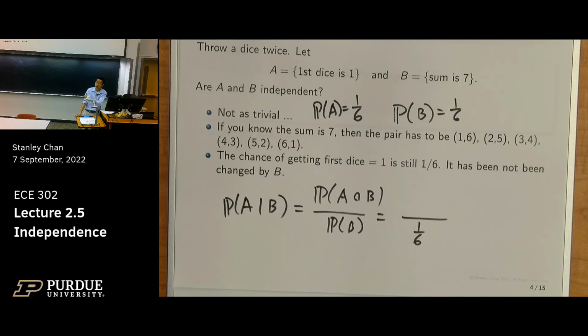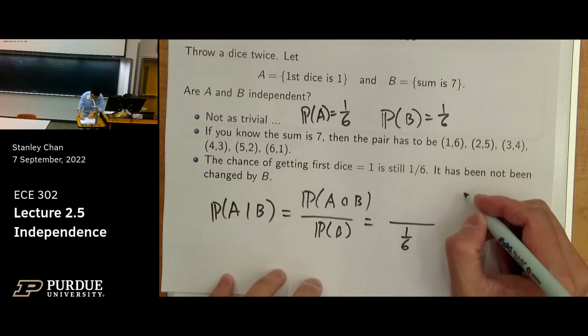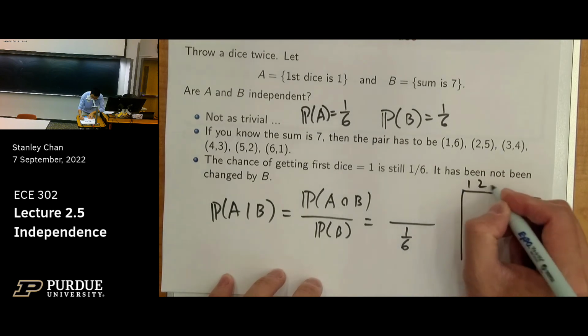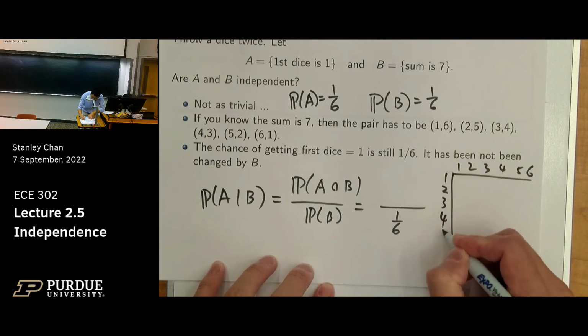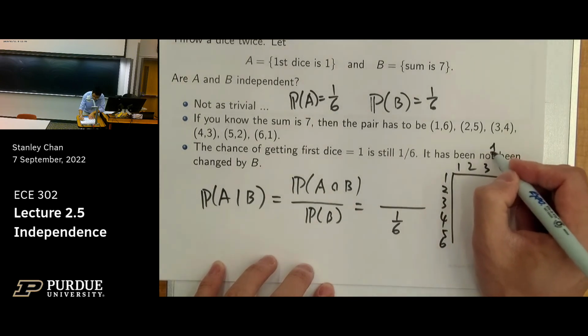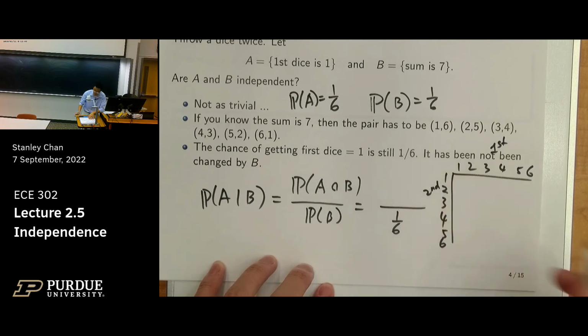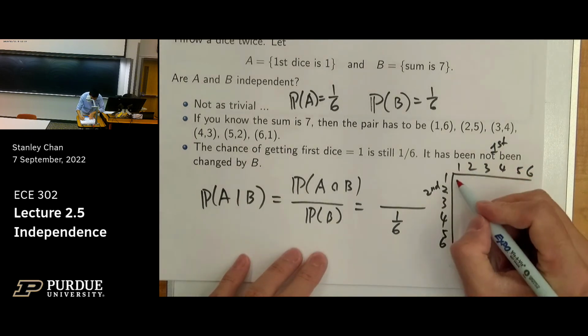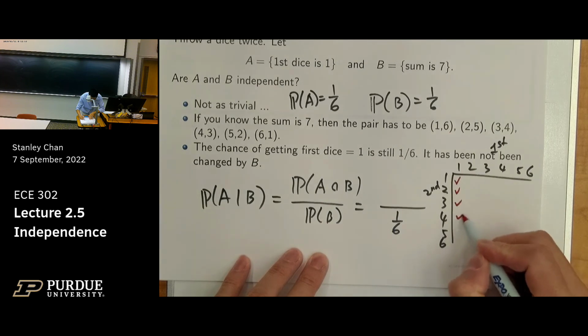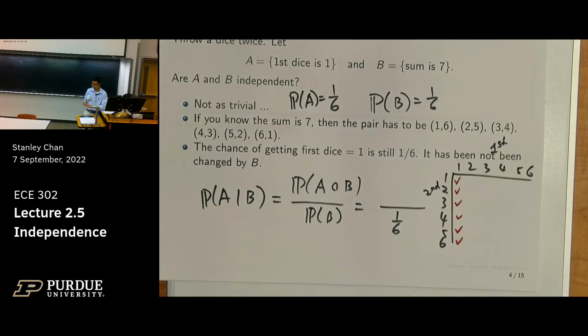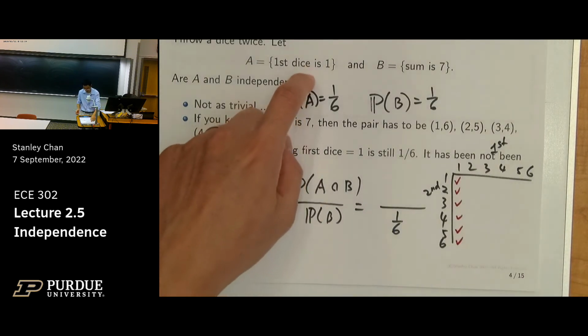Now, we need to draw a figure to clarify, right? So let's not mess up. Let's draw a figure. So this is 1, 2, 3, 4, 5, 6. This is 1, 2, 3, 4, 5, 6. So this is the first die. This is the second. Okay? So now let's look at event A. Event A would be here. This is A, because the first die is 1. It's always 1.